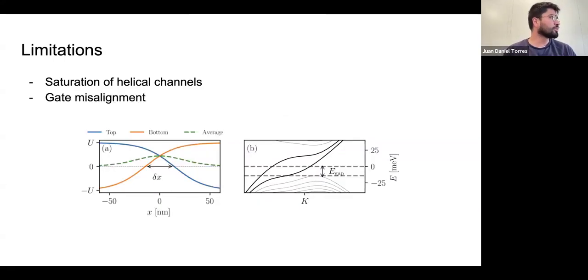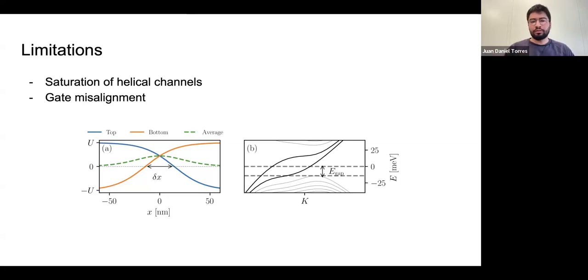Another limitation that comes from the fabrication side is that in contrast to single chiral channels, now we have multiple chiral channels, and the gates underneath all of them need to be aligned. The back gate of graphite at the bottom needs to be aligned in order for the displacement field to be what we want it to be.